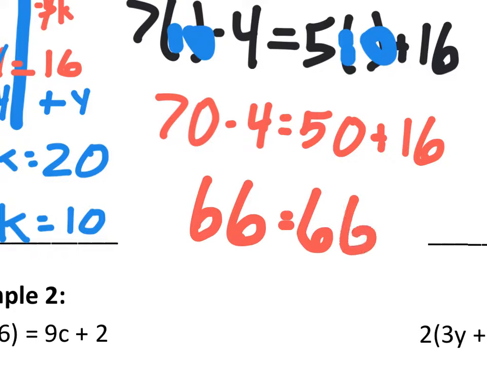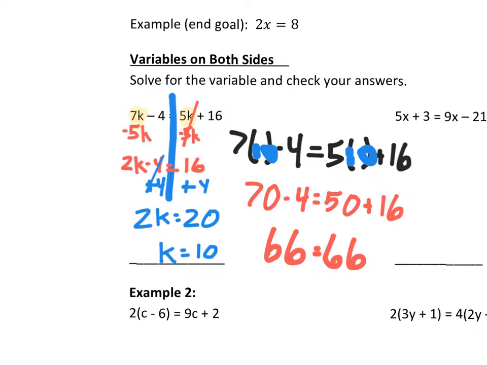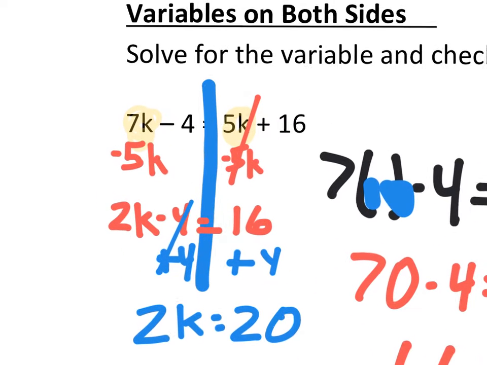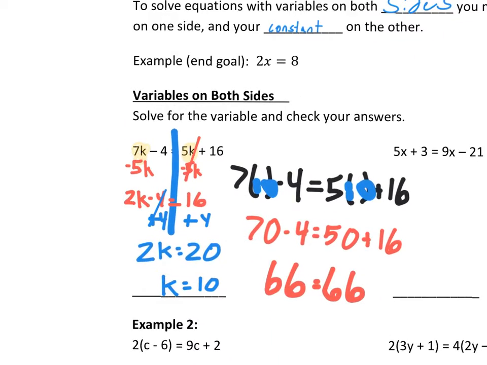This does indeed work. Now we would have gotten the same answer if we had taken a different initial step and subtracted 7k from both sides. As long as you're keeping things balanced, you can't mess it up. You'll see over here I drew the line through the equal sign to help us visualize the two different sides. As long as we are being fair to both sides, we're good to go.